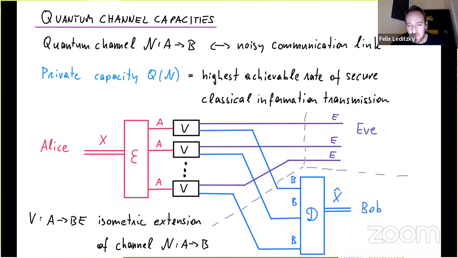And now Bob receives the states and wants to decode them to some classical information, x hat, that should be close to x. But now we want to assume that Eve doesn't learn anything useful in the asymptotic limit when she also receives the environment from these channels. So the V here refers to the isometric extension of the channel, which maps the input system to the output system and some environment system E.